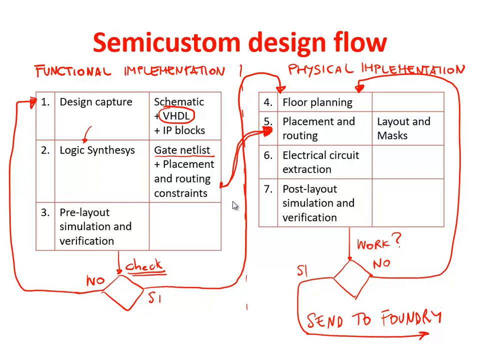One phase for the functional implementation, so the implementation of the function of the circuit, and one for the physical implementation, from the function to the physical layout of the chip. And of course, in the process, one can use the design tools that we have already mentioned.